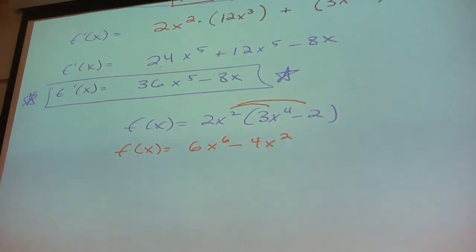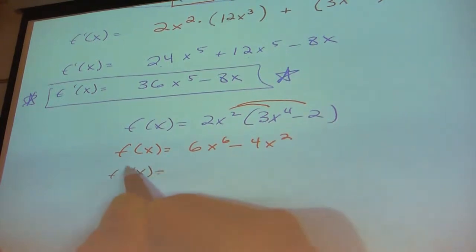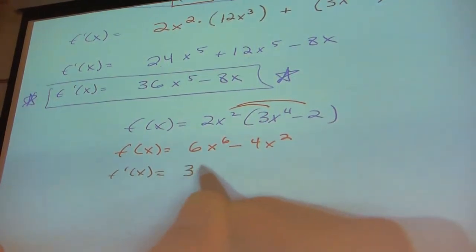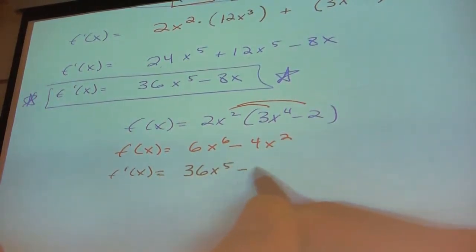And if I cleaned it up first, guess what? No more product rule. I could have just taken the derivative. So what's the derivative of 6x to the 6? And what's the derivative of minus 4x squared?